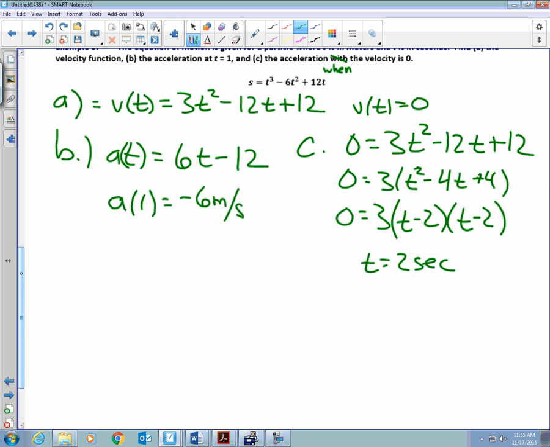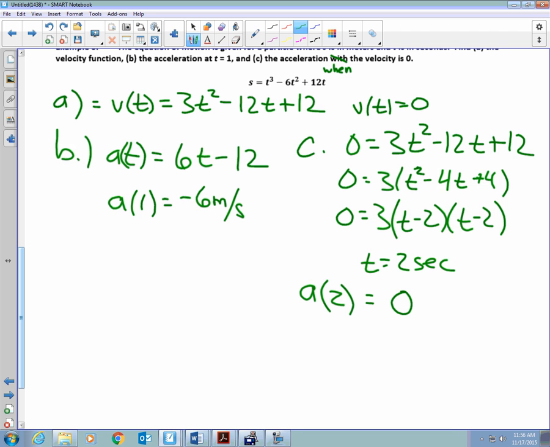Did I answer the question? No. The question is what is the acceleration when the velocity is 0? So I need to calculate a of 2. Plug in 2 and you get. Now, I apologize, but I made a small mistake here.